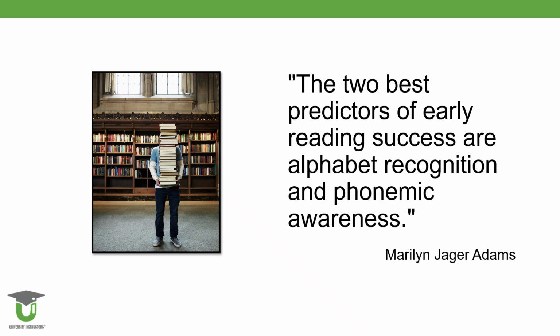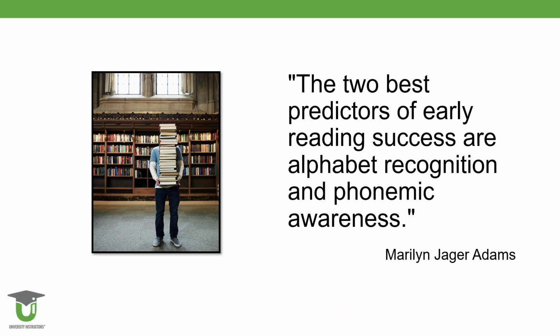This quote by Marilyn Adams refers to the two most important early skills a child needs to become a successful reader. First, alphabet recognition, or being able to quickly name and identify letters, both uppercase and lowercase. And second, phonemic awareness, the ability to hear, identify, and work with the individual sounds or phonemes in spoken words.